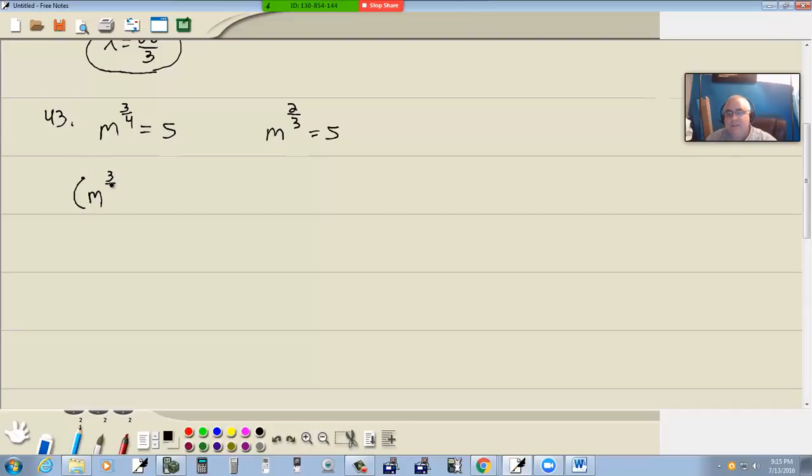Reciprocal means fraction flipped. So the 3/4, I'd raise both sides to the 4 over 3 power. 3's would cancel, the 4's would cancel, and we would have m is equal to 5 to the 4/3 power.